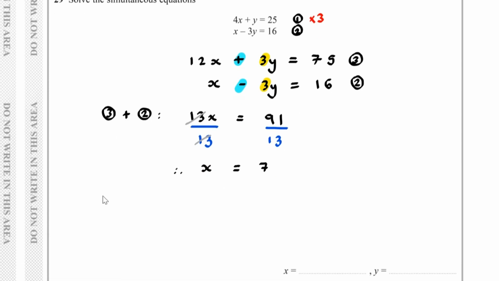So, when x is equal to 7, we can substitute this back into equation 2. We've got 7 minus 3y equals 16.